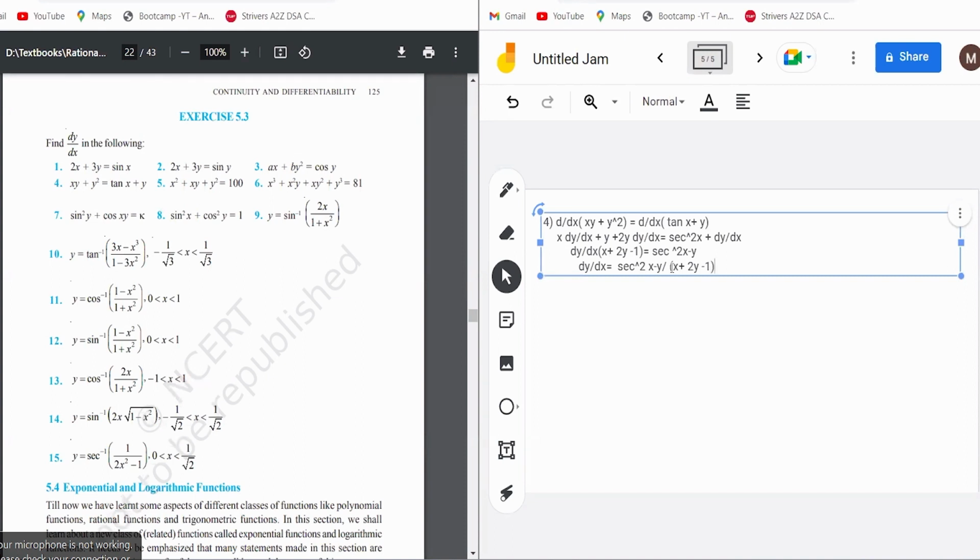Simple. आ गया समझ में? So question is simple. You have to just jot it down and solve the answer.